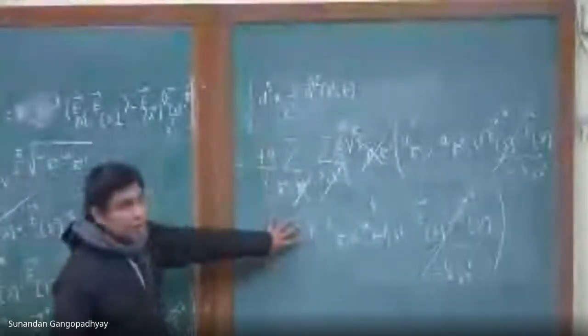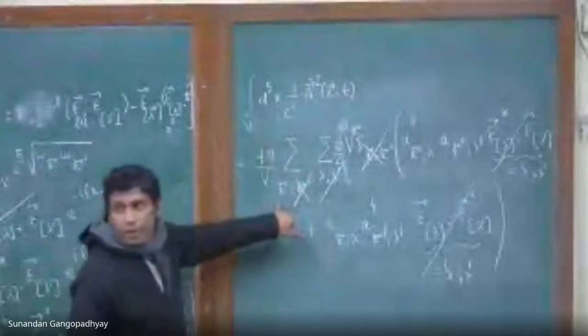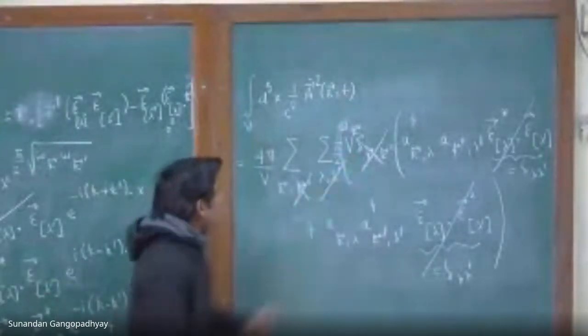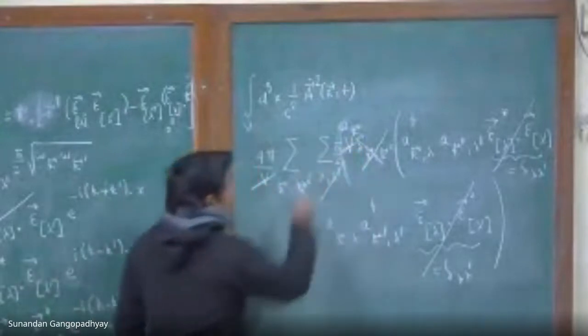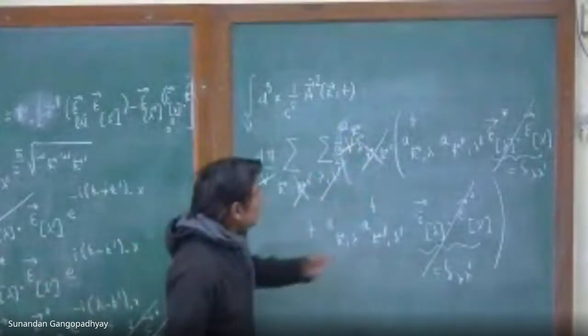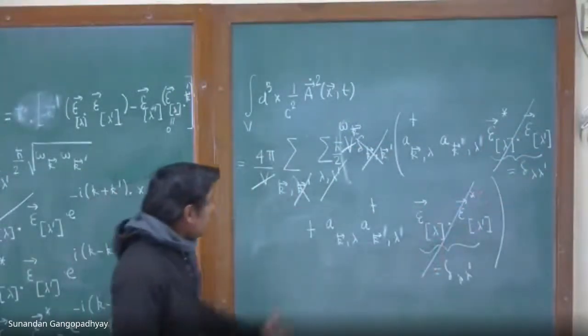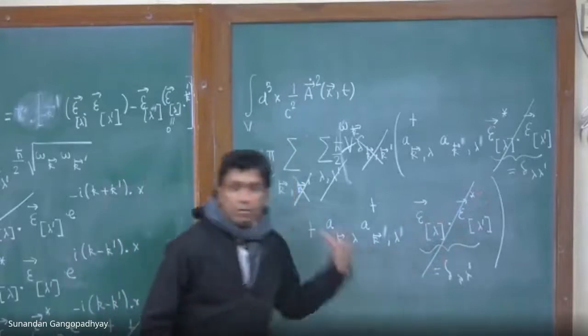So ultimately, the final expression is nothing but 4 pi by volume V, summation over k vector, summation over lambda, h bar omega k by 2 volume factor. So volume also gets cancelled. So h bar omega k by 2, a dagger k lambda a k lambda. Polarization summation is gone. That factor is gone. And similarly you have this factor.